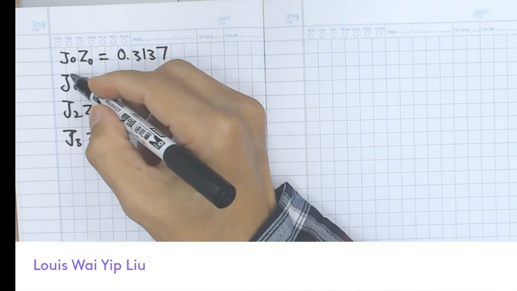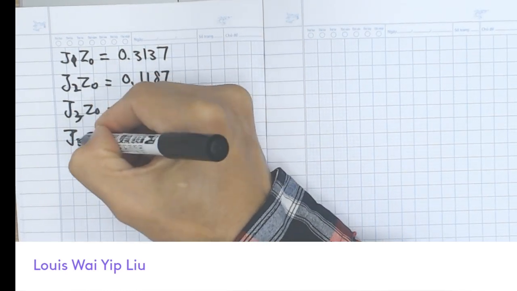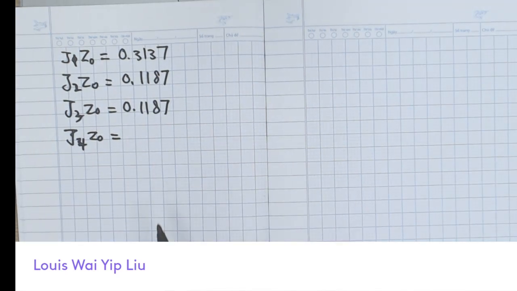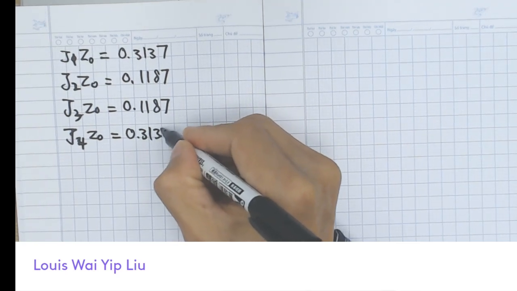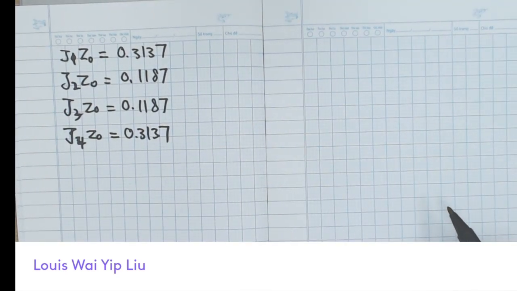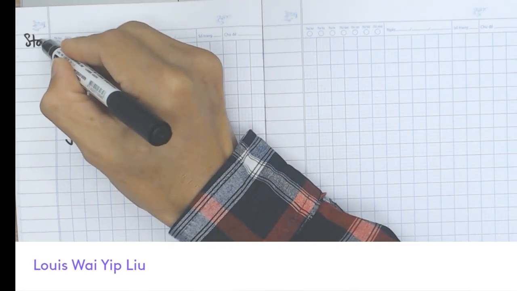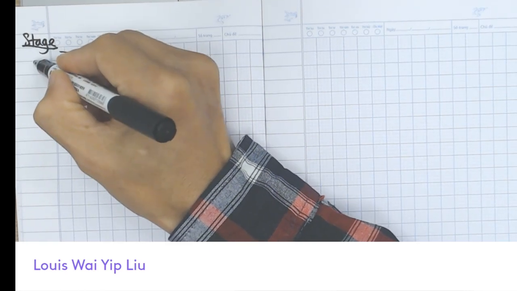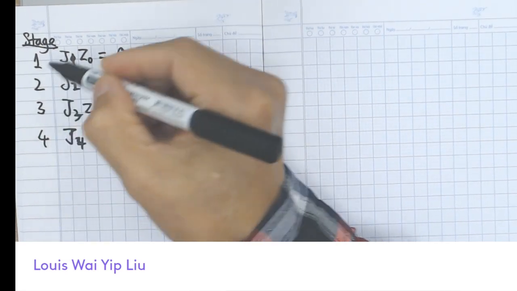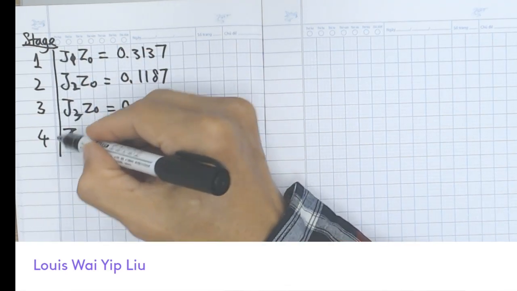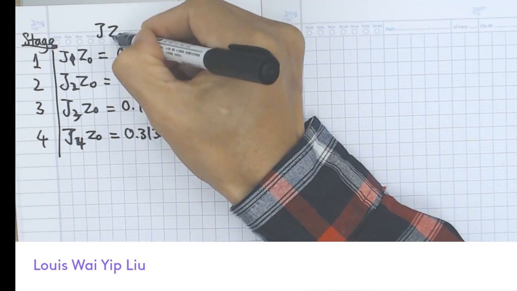There's something wrong here. Yeah, it should be 1, and then 2, and then 3, and then 4. Sorry. In this case, here you get 0.137. Okay. So I should say this. This is stage 1, 2, 3, 4. So this is the table we've got, and this is the JZ0 value.